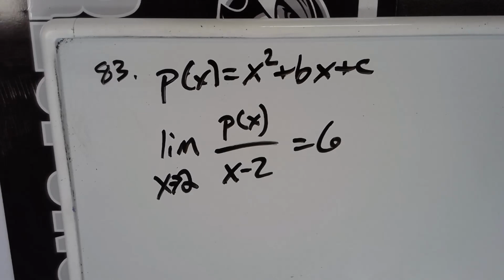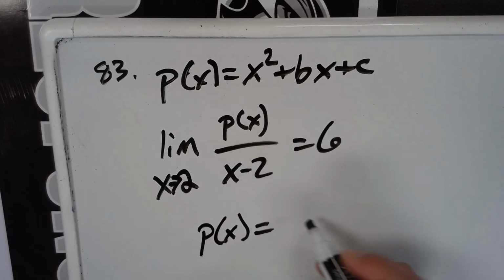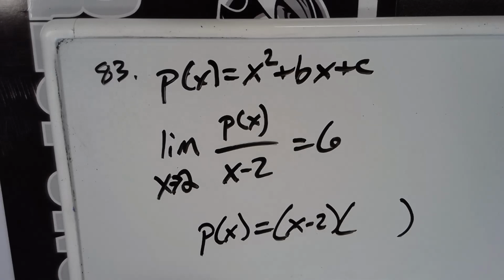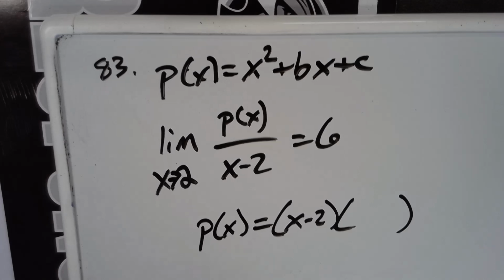We know that P of x, when it's factored, is going to be x minus 2 times something, right? And when we plug in 2, it's going to have to equal 6, because this one and these two will end up canceling.